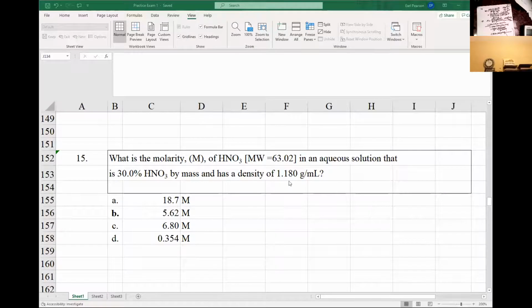So the molecular weight was probably given in the problem. Let's see if it was. Save me having to calculate it. Yes, 63.02. So I want to divide by 63.02 grams for 1 mole of nitric acid.